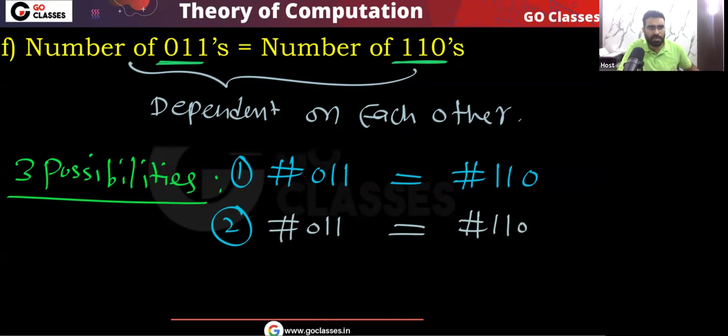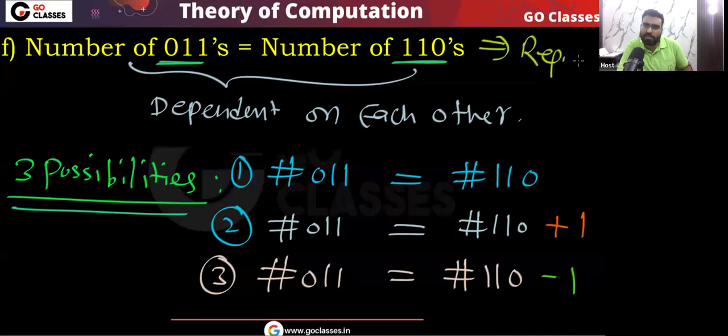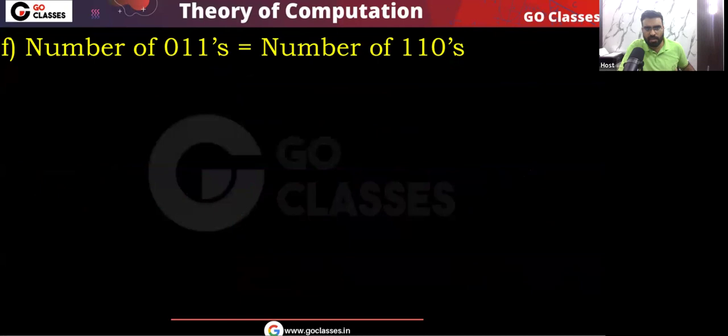And the third possibility is number of 011 is equal to number of 110 minus 1. Only these three possibilities are there. So this is a regular language. Simple. Now let's move on.